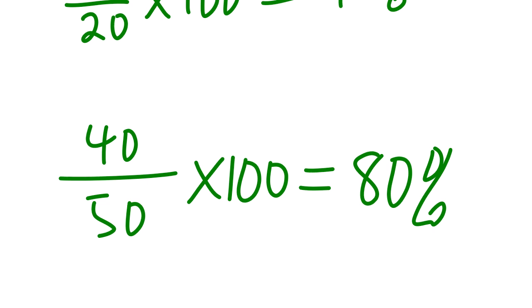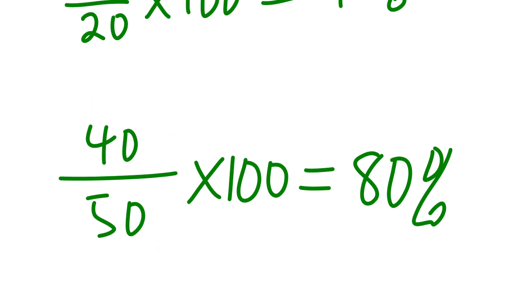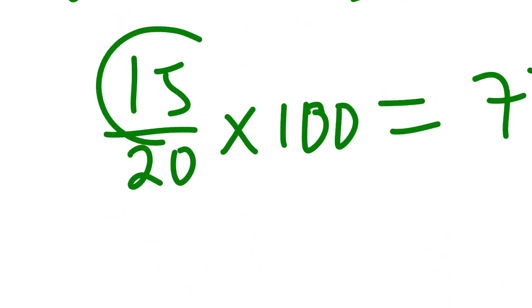That's very important. Mostly, if you have two numbers, the small number is the one you are looking for its percentage. For example, here we have 40 and 50. 40 is the one you are looking for its percentage, while 50 is the total number. Same thing, 15 here is the one you are looking for its percentage, while 20 is the total number of candidates.